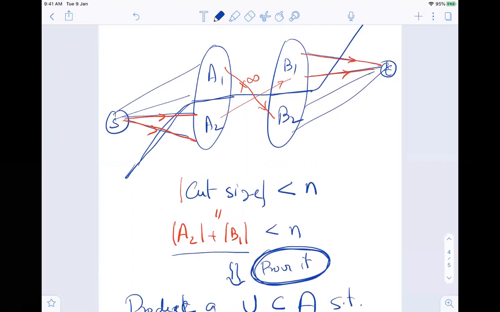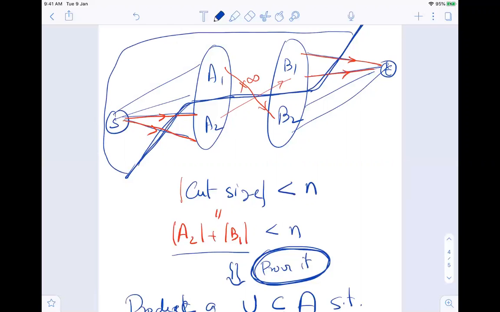What do you count in an ST cut? An ST cut is the sum of the capacities of the edges that go from the S side to the T side, not from the T side to the S side. The S side is the ones which are on this side. So this is the S side. Understood, sir. Got it.